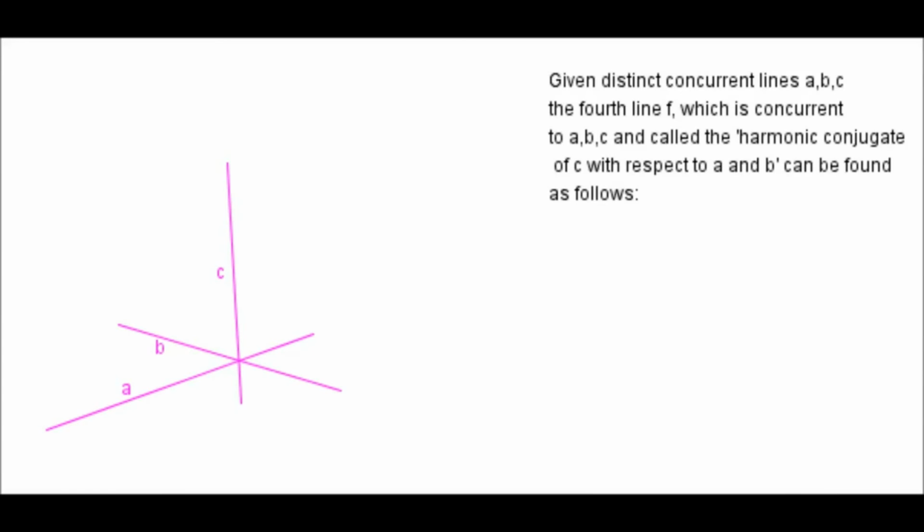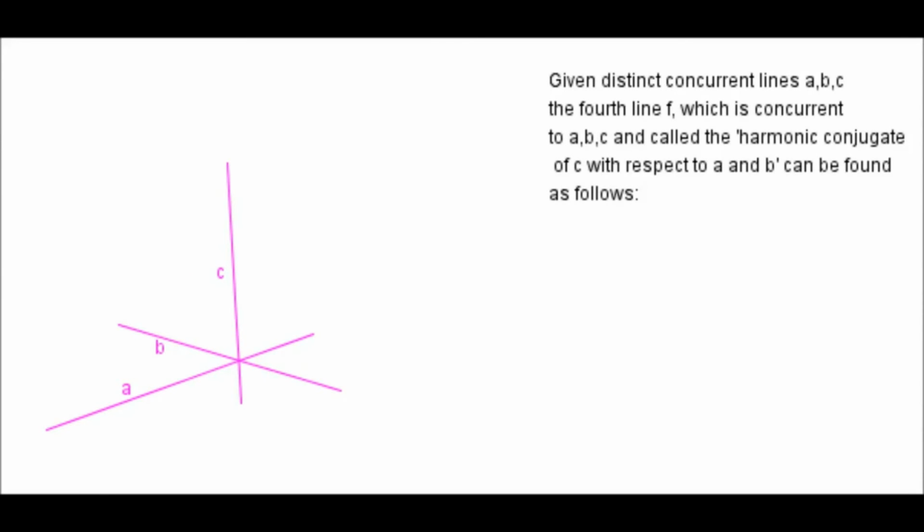So we have 3 lines, little a, little b, little c, and they're all concurrent and they all meet at this point. I shall just call that the star point, just verbally while I'm talking. Don't really have to refer to it too much.